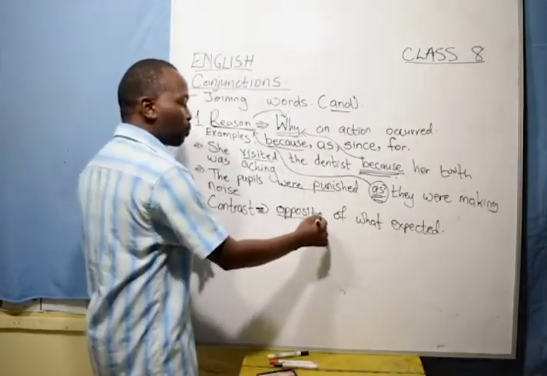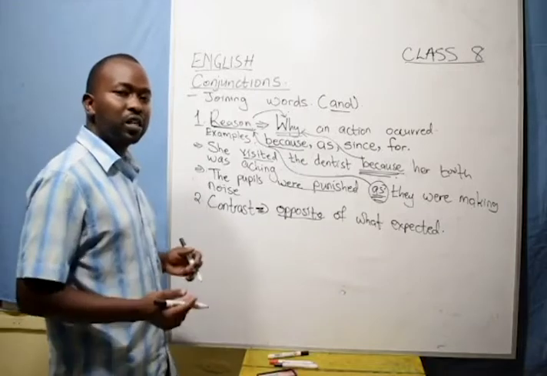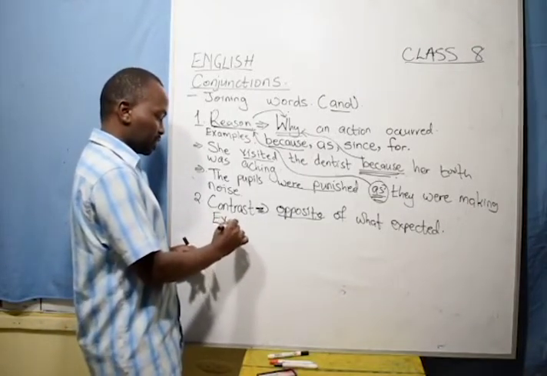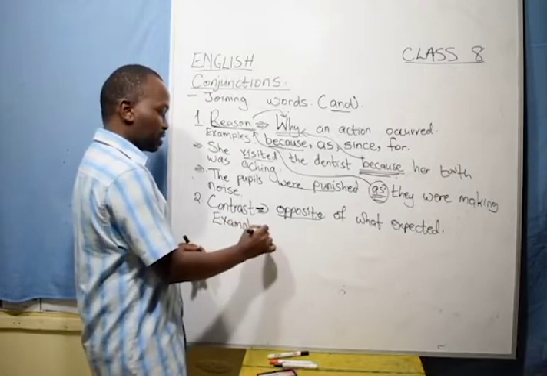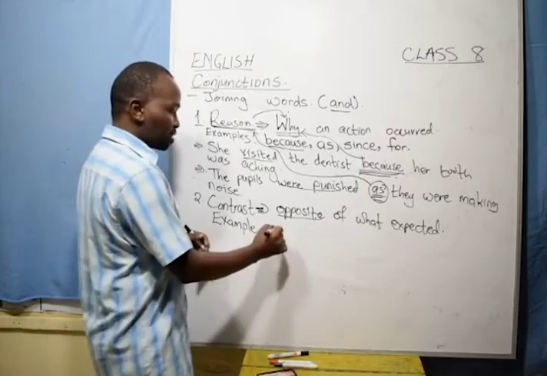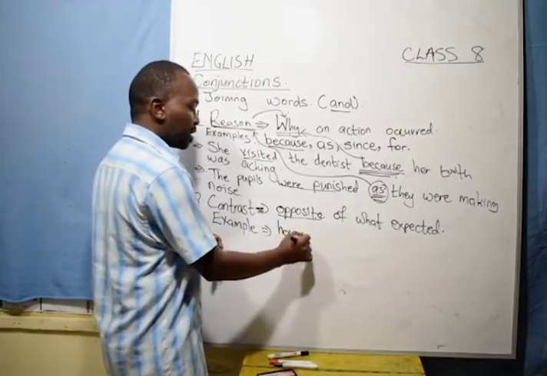For example, the most common example of conjunction of contrast is the conjunction however.